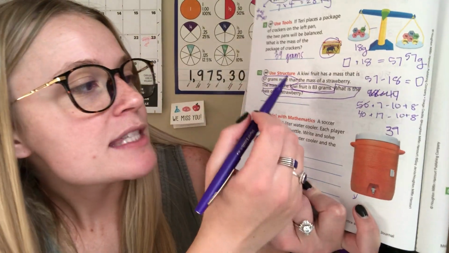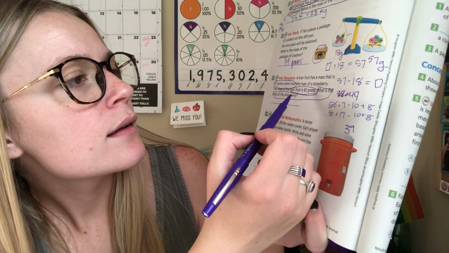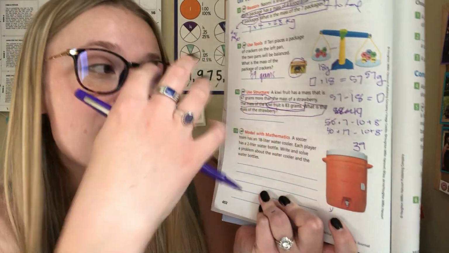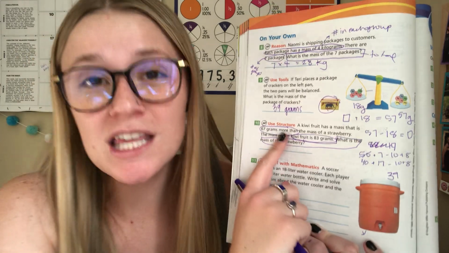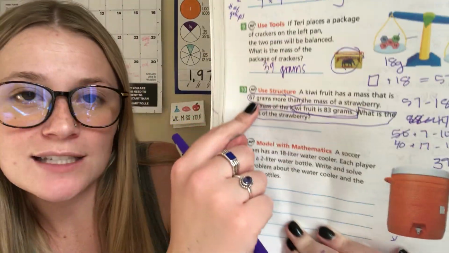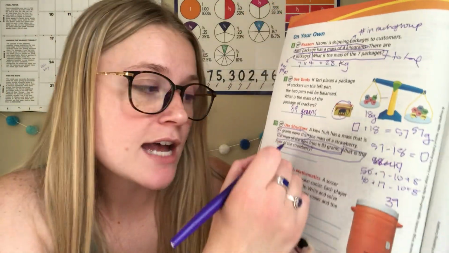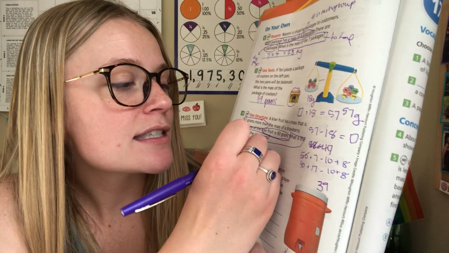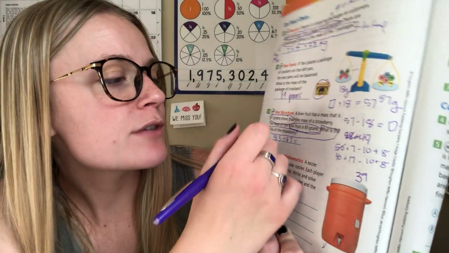So basically what I'm saying is, if I'm picturing this in our head, reading this out loud, the kiwi fruit has a mass that is more than the mass of the strawberry. So the kiwi fruit is bigger by 67 grams. And so if the kiwi fruit is 83 grams, I would take 83 minus 67, and that will give me, I have to regroup again.